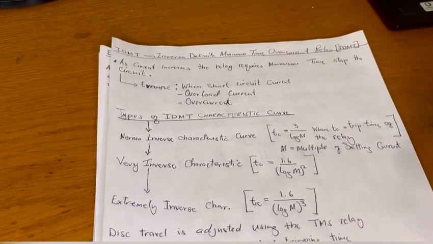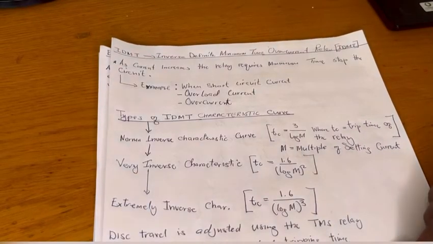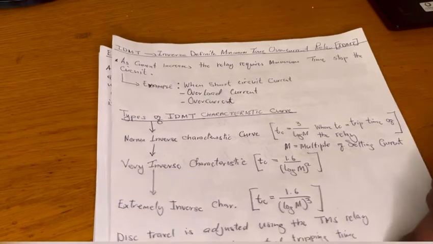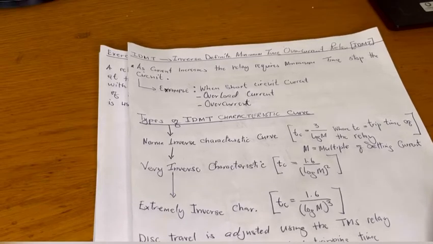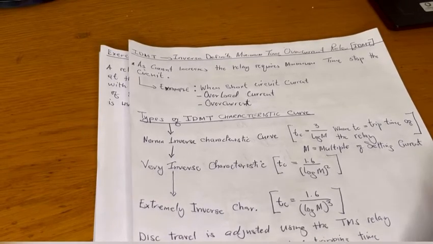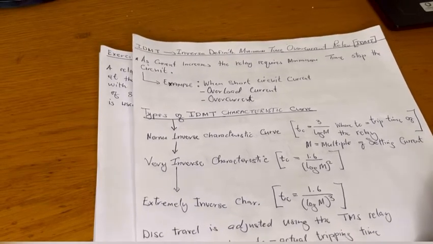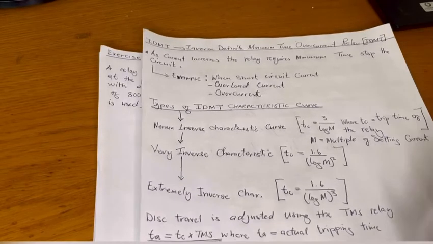How to calculate TMS: you can use this formula, TA equals TC times TMS. Then you can make TMS the subject of the formula if you have TA. TA is the actual tripping time.